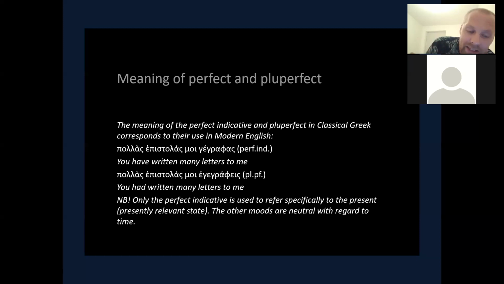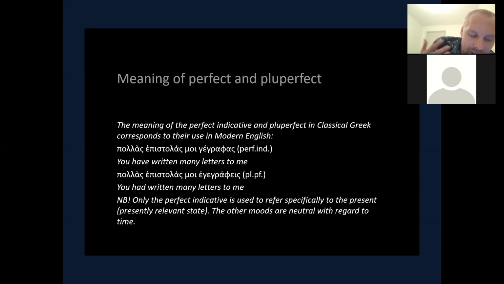Thus, a Greek sentence with a verb in the perfect indicative can often be quite adequately translated into English with a perfect as well. So for instance, the sentence pollas epistolas moi gegrapas, with the second person singular active perfect indicative form gegrapas, can be translated as you have written many letters to me.